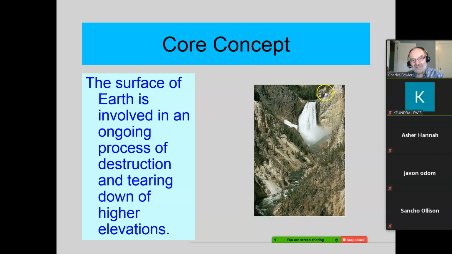At one time, this is where the water went. Other time, this is where the water went. One time, the water was at the surface up here, but it's eaten away, eaten away. The surface of the Earth is involved in an ongoing process of destruction and tearing down at the higher elevations and moving things to a lower elevation. That's the core concept of this chapter.